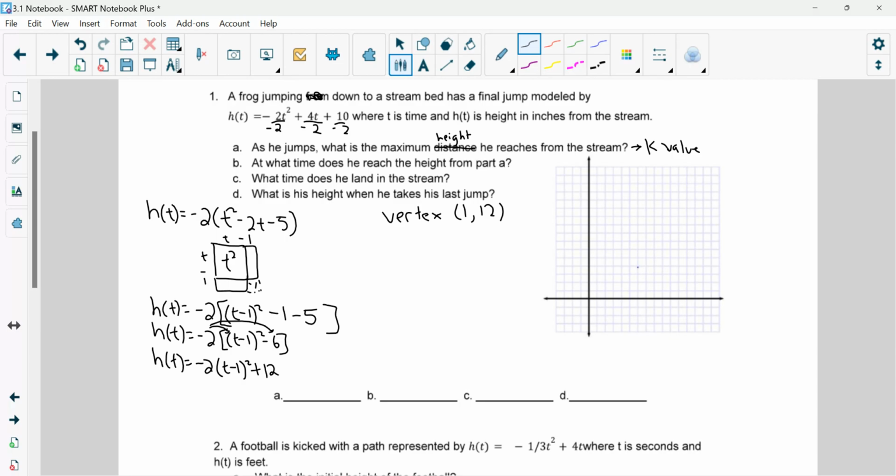So if we wanted to make a quick sketch, we could. Here's 1, 2, 4, 6, 8, 10, 12. 1, 12, that would be our vertex, which we know is going to be the highest it gets to. So the maximum height is 12 feet.